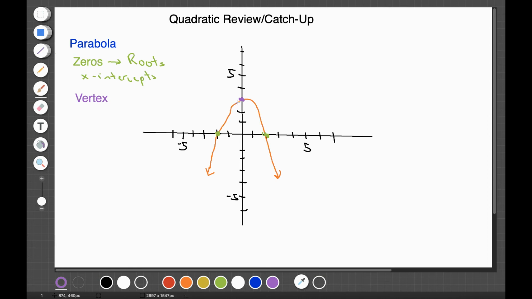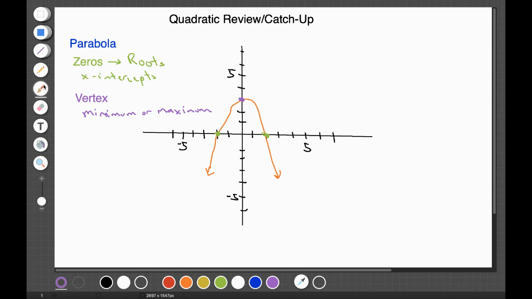It should perfectly go up and then perfectly come back down, but it's that highest point right there. Okay, and the vertex is also referred to as either the minimum or maximum, depending on which way the graph is facing. Okay, so you'll see these words as well sometimes. So in this case, it's a maximum.